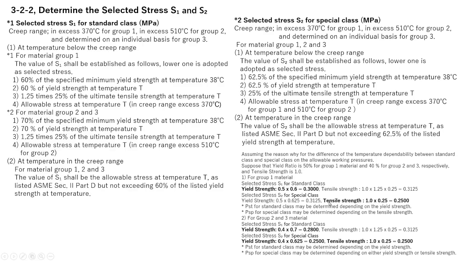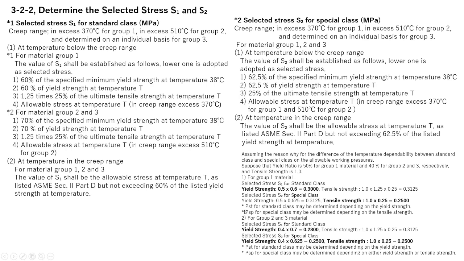How about tensile strength? 1.0 multiplied by 25% of the ultimate tensile strength, so multiplied by 0.25 equals 0.2500. So the tensile strength value is lower than the yield strength value, so selected stress S2 is controlled by the tensile strength values.